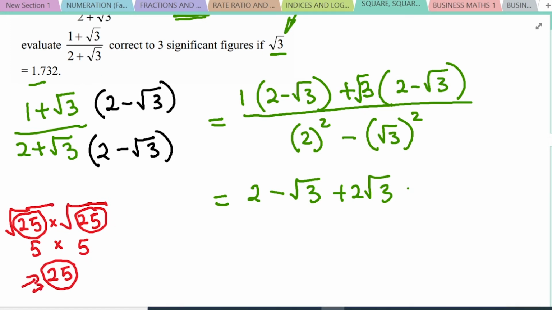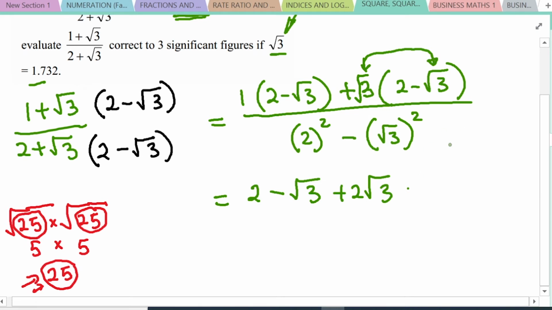So that same logic is what we are applying here, that we have the square root of 3, multiply that by the square root of 3, the answer will be 3. So that will be minus 3. Divide all that by, this is 2 squared, which is 4, minus, of course, root of 3 squared, that square root sign goes with that, you remain with 3.